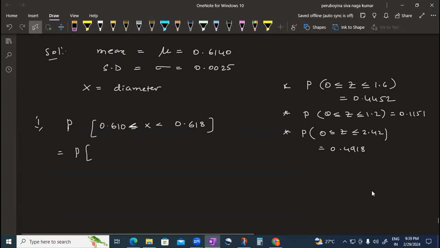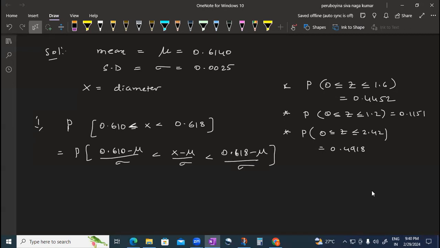So we will do the same thing. 0.610 minus mu by sigma less than x minus mu by sigma less than 0.618 minus mu by sigma.